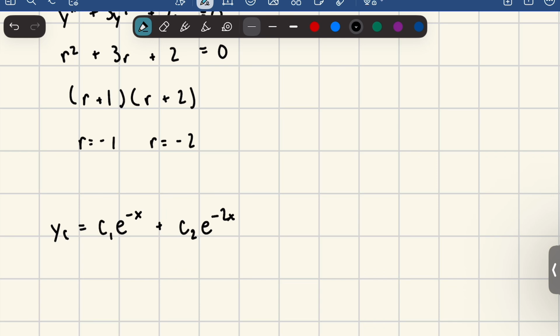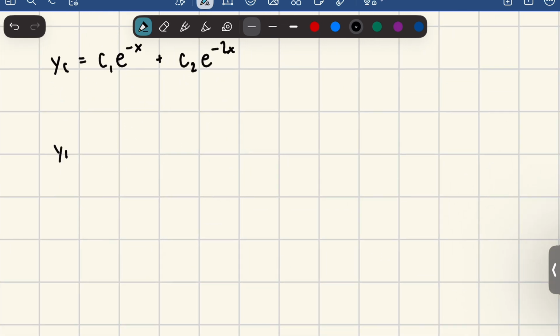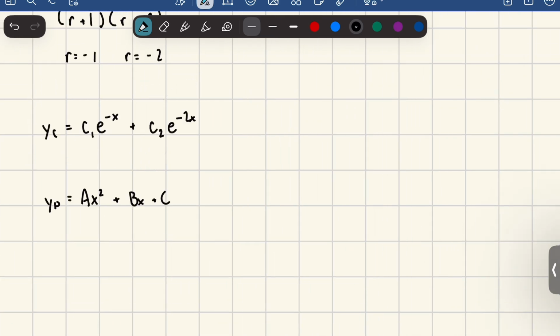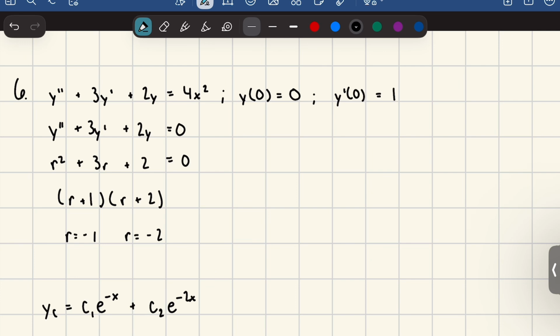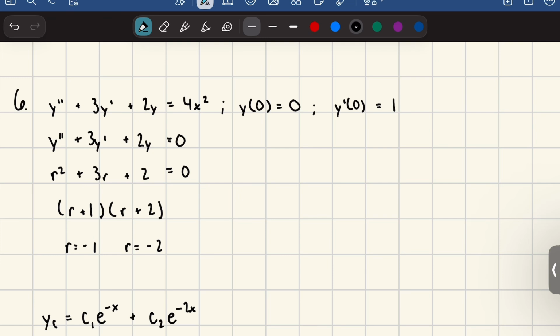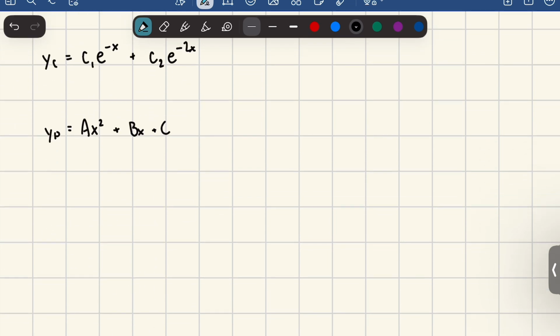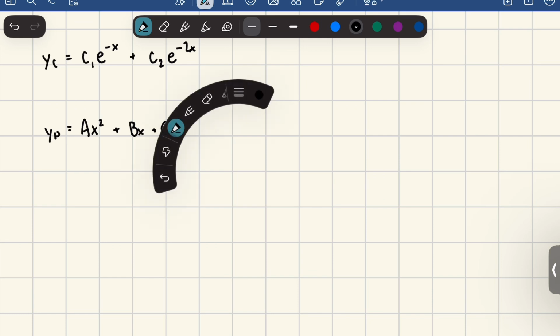It has to be ax squared because the 4x squared on the right-hand side of the beginning equation has to correspond to something, to eventually get the yc, if that makes sense.